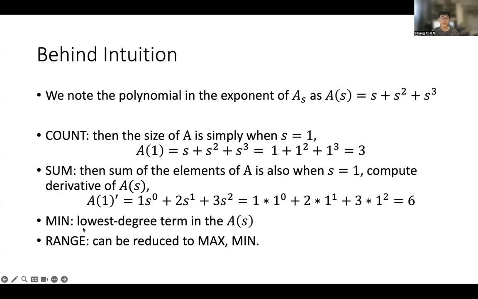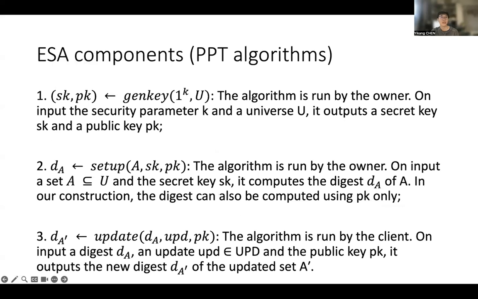And for the min and max operations, we find the lowest degree term and the highest degree term in A(s). Range can be reduced to the max and min operations. So that's the intuition behind it.